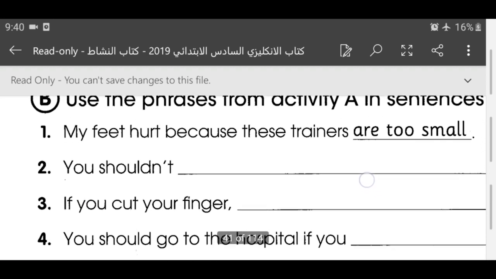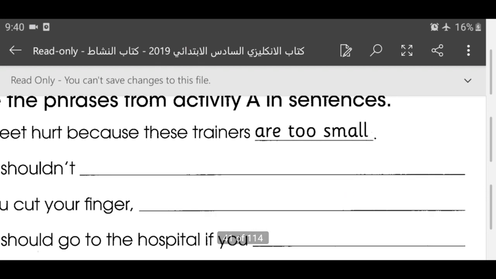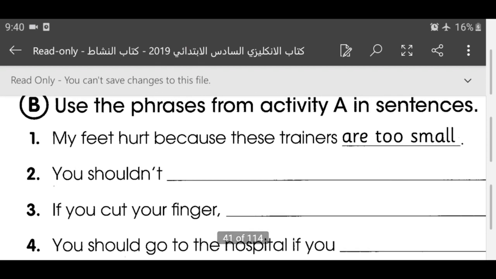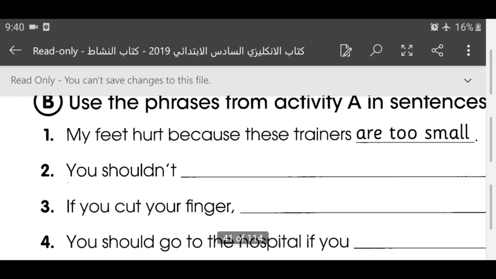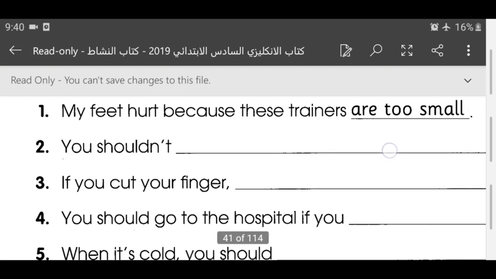Number 1, my feet hurt because these trainers are too small. Now, number 2, you shouldn't break your arm.